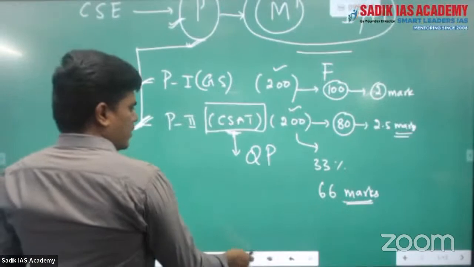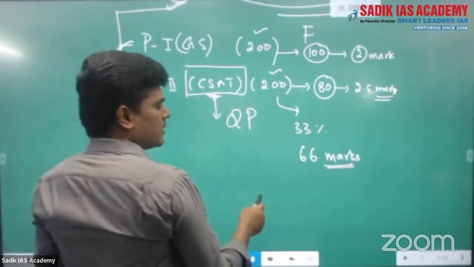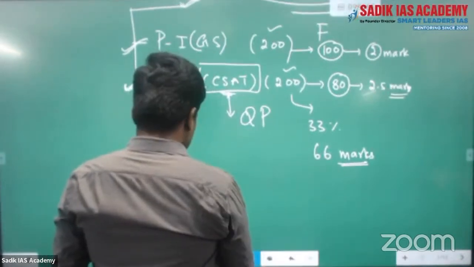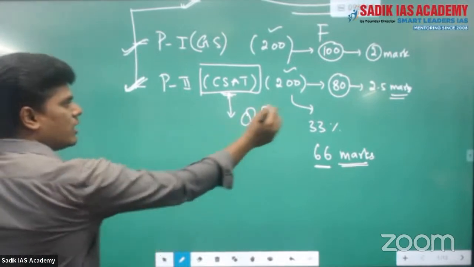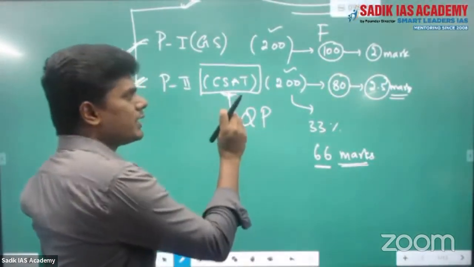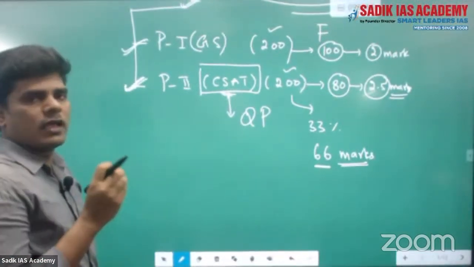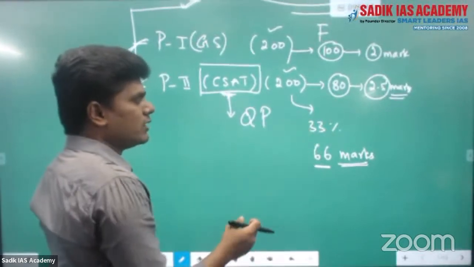So now we know, if you want to get through this paper CSAT, you have to score 66 marks. I have already said this paper is going to have 80 questions. What the questions and the syllabus are, I'll show a little bit later.